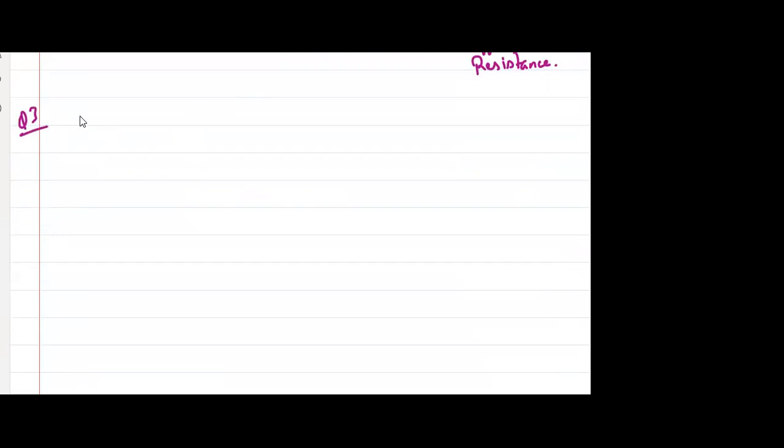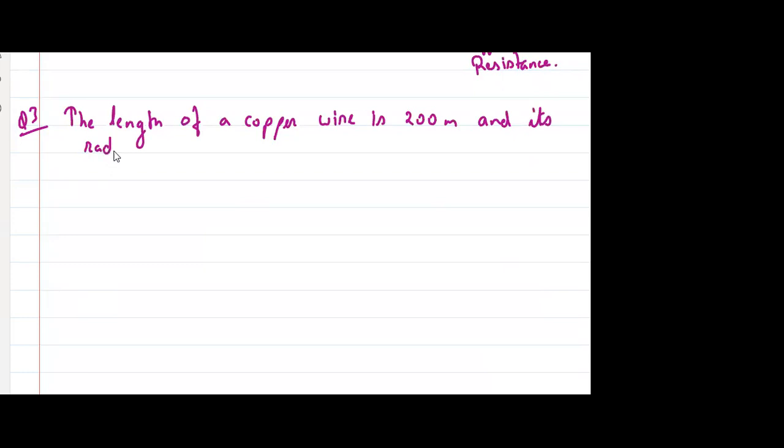Okay, question number 3. Everyone, solve this. The length of a copper wire is 200 meter and its radius is 1 centimeter.